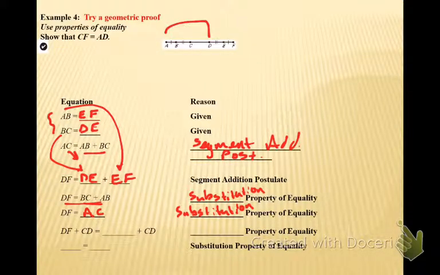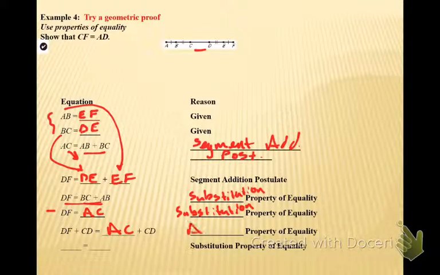Remember, I want to prove that AD and CF are the same. So, where from here? Well, there's this CD that's sort of stuck in between AC and DF. So I could add that measure to both sides of this equation. Right? I could add CD to both sides.